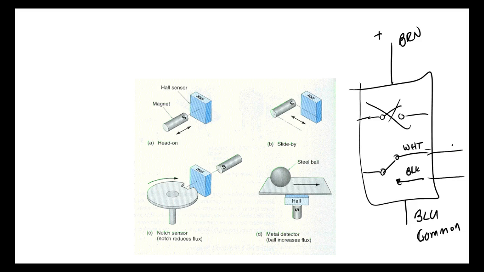Yeah, and that's what gets us confused, because if you did a lot of house wiring, normally in DC we like to use red for plus and black for minus, right? But they don't in sensors.